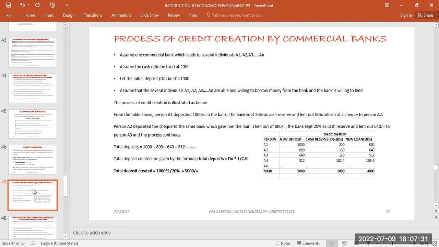It keeps on lending to several people. Then the next assumption is that the cash ratio is fixed at 20%. That's the money that we're supposed to remain with in cash form.